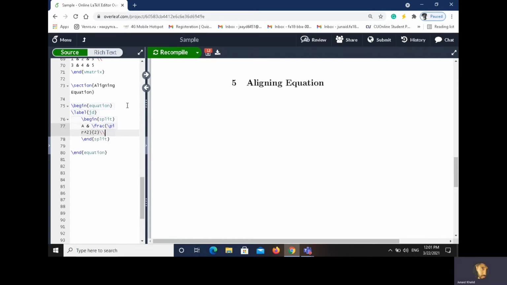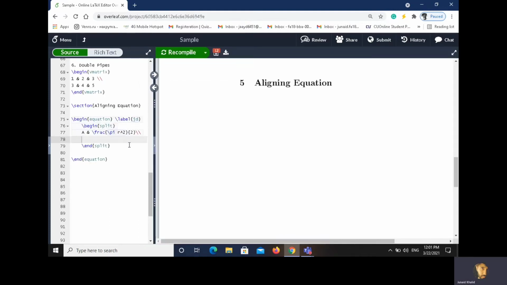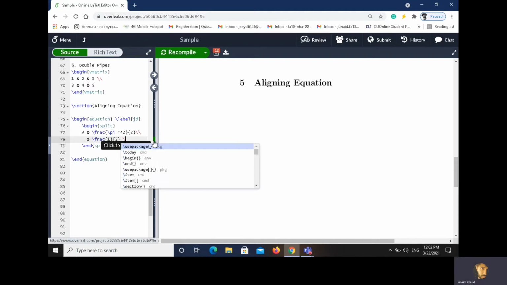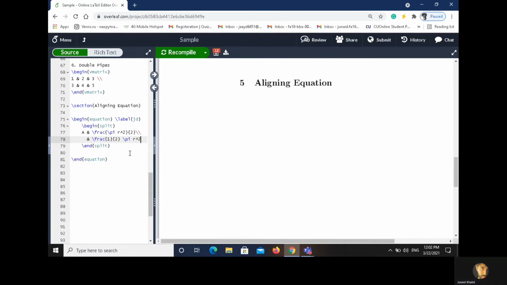And for the next line, double oblique and we are going to write and fraction 1 over 2 pi r square, and after this will be end split and end equation. Let's compile.